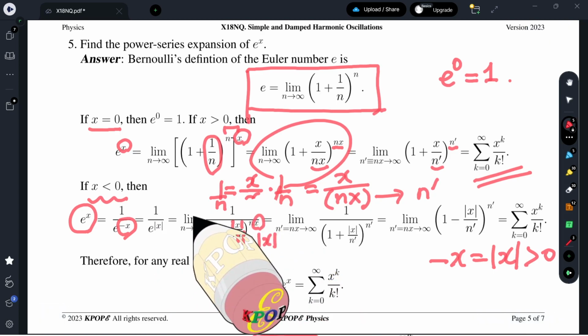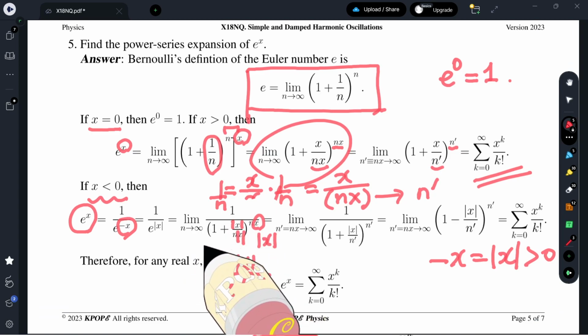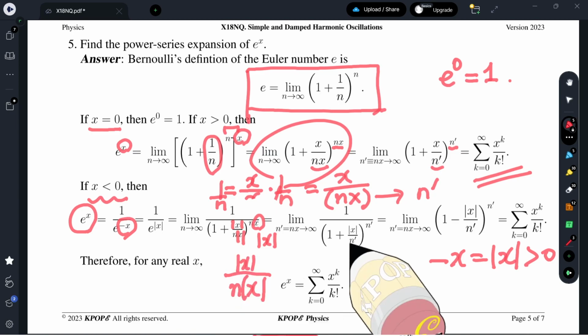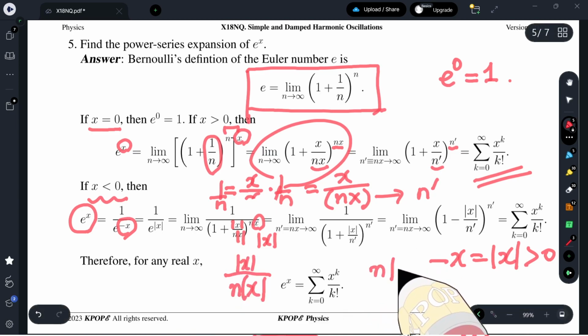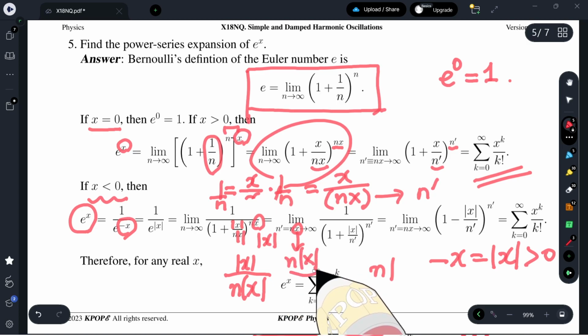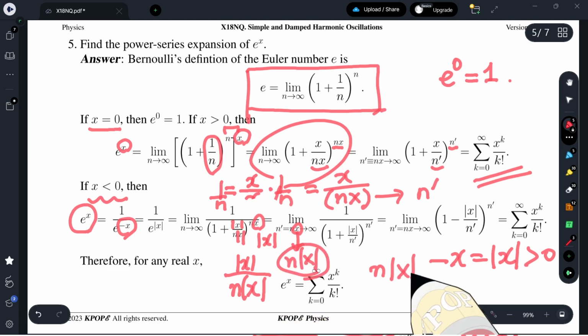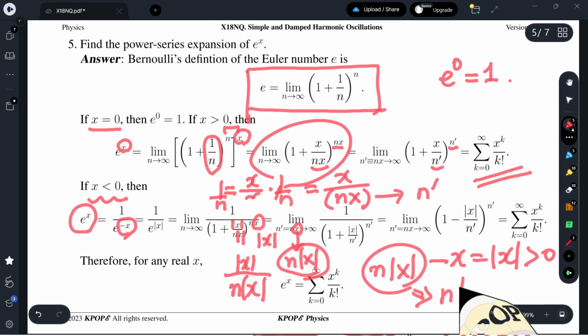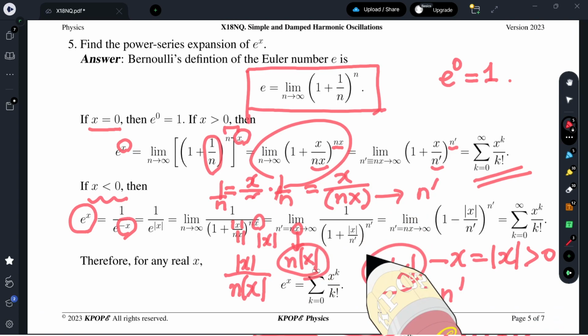So let me correct this in the final version of the PDF file. We redefine this one to also be the absolute value of x, and the absolute value of x is replaced with n prime. Then we find this.